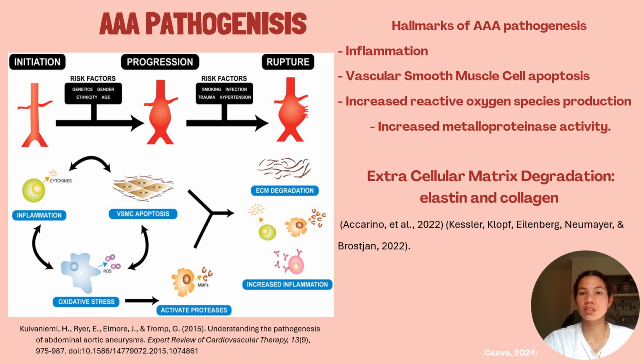Now, this oxidative stress has similar triggers as inflammation. It also induces VSMC apoptosis, as well as induces more inflammation. And it also activates metalloproteinases, or MMPs. And these proteinases then directly degrade the extracellular matrix, and this is composed of elastin and collagen.